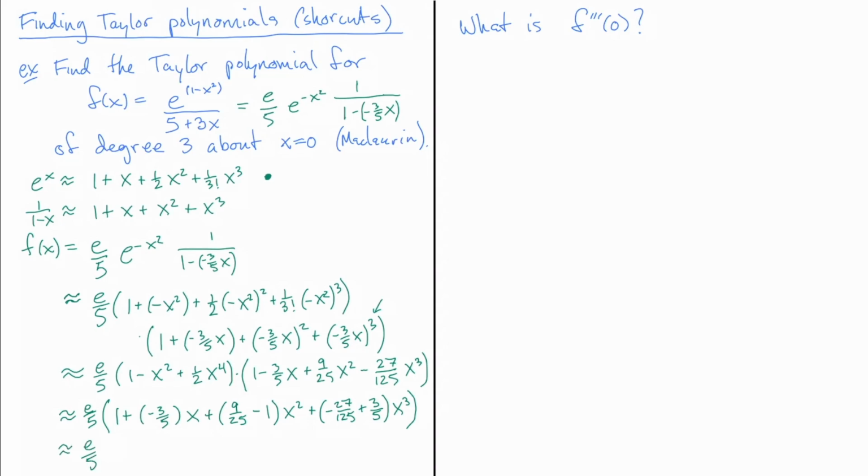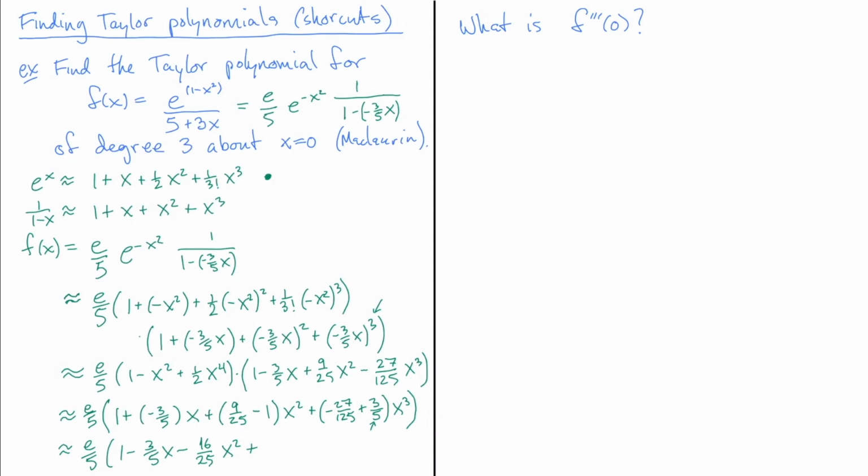e over 5, 1 minus 3 over 5 x plus 9 over 25 minus 25 over 25 is, let's go for a minus sign there, minus 16 over 25 x squared. And then here we have plus, and if we multiply the bottom by 25, we get 125.